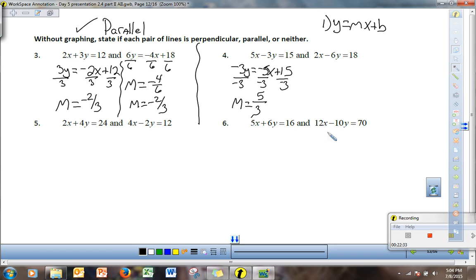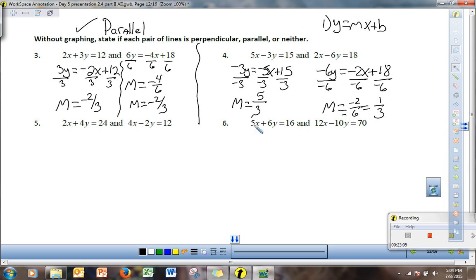Let's look at this one over here. I'm going to move the x to the other side. So I'm going to have negative 6y equal negative 2x plus 18. I'm going to divide everything through by negative 6. The slope of this then would be negative 2/6, which would be positive 1/3.